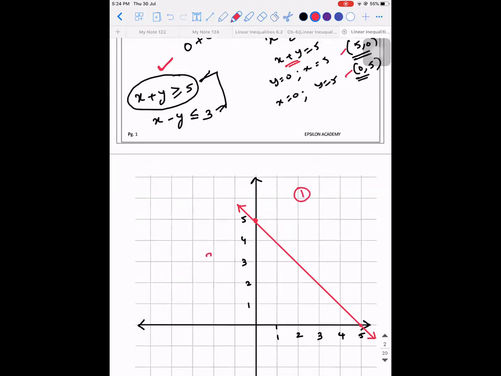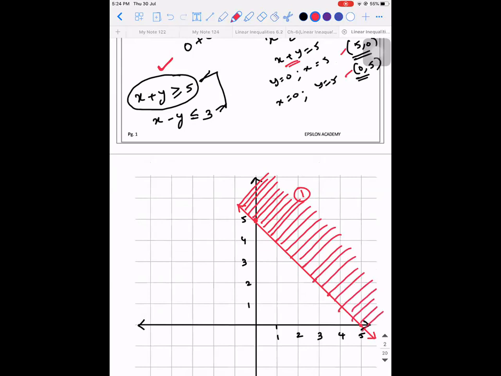Should I shade the first region or second region? First region, sir. So you have to shade the first region because the origin does not satisfy this. Right? You're going to shade this region.